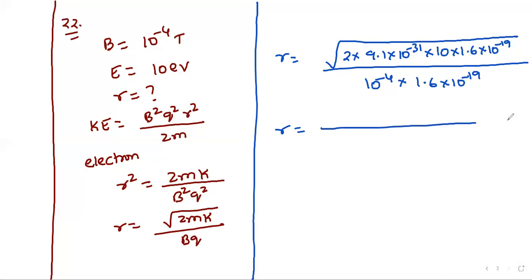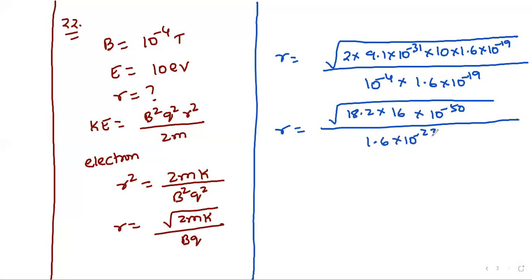R equal to under root of 18.2 into 10 into 1.6, which I'll write as 16, into 10 power minus 23.